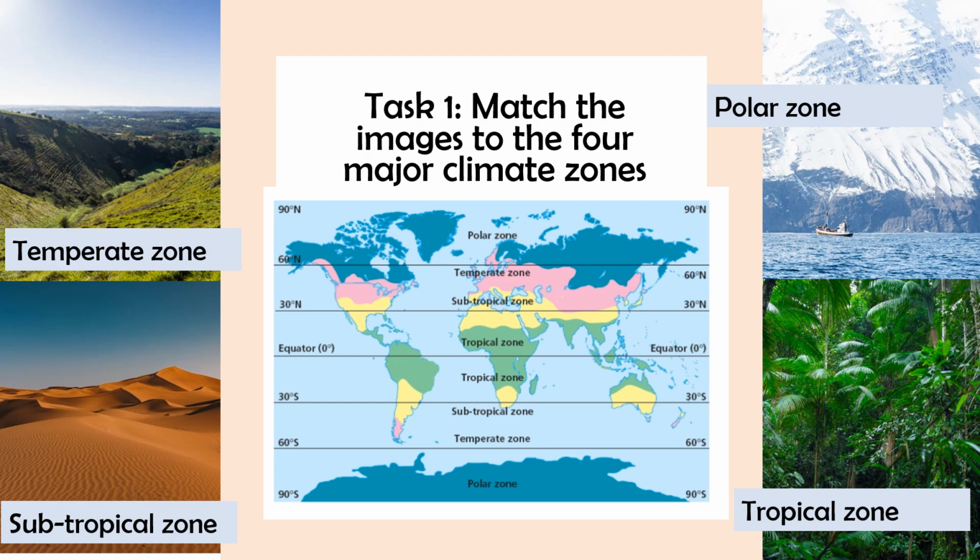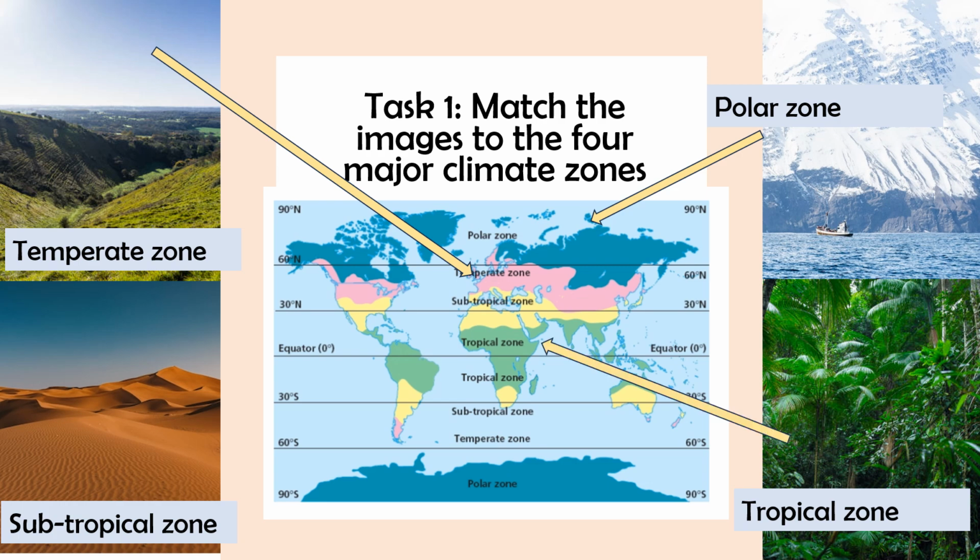So what you can do is also put an arrow pointing towards those areas. This is the temperate zone, and this is where I'm located. This is the UK, and this is the polar zone, and that picture's not necessarily taken from that area, but it's just an example of what that area looks like.